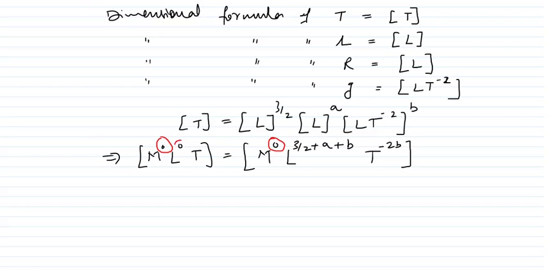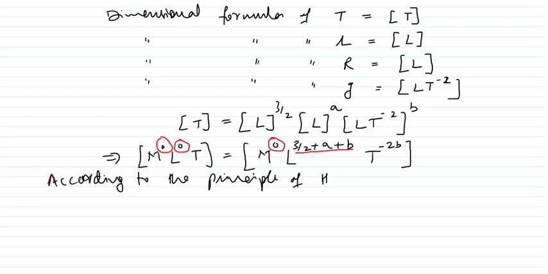But here the dimension of L is 0 and here it is 3 by 2 plus A plus B. So according to the principle of homogeneity of dimension, 3 by 2 plus A plus B must be equal to 0.